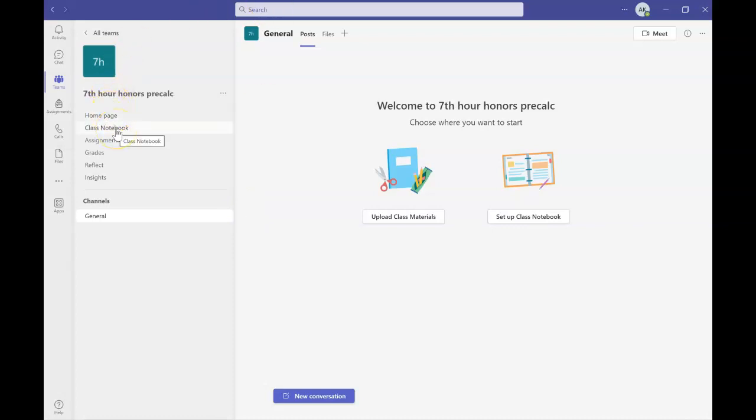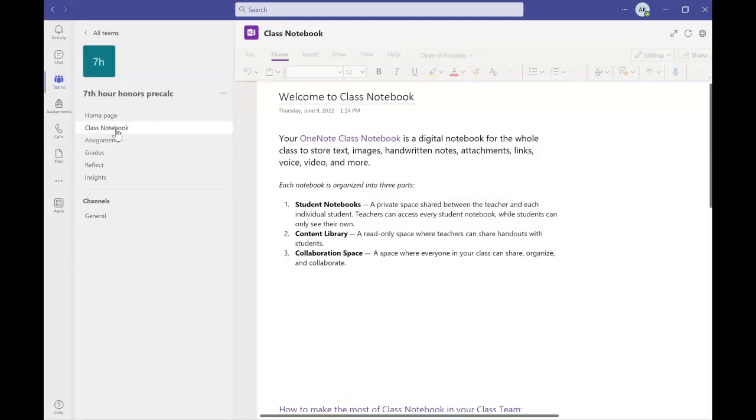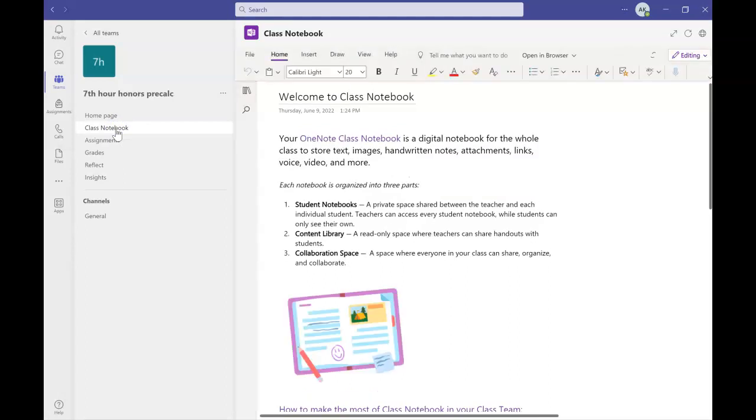Go ahead and from the navigation pane here on the left, click Class Notebook. On the right, you'll see a OneNote frame kind of pop in there. From there, where it says Open in Browser, click the drop down and pick Open in Desktop App, and then you're done.